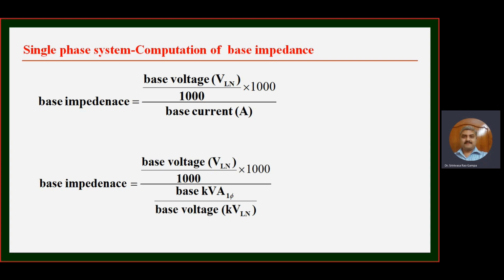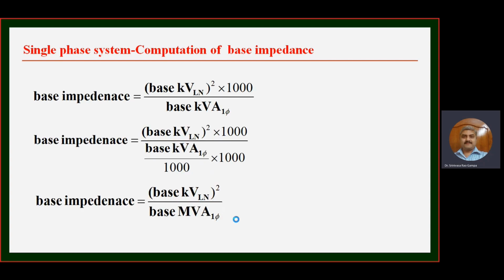So the numerator term, base voltage VLN by 1000, can be written as base voltage kVLN. If this goes to the numerator side, then we will get base kVLN whole square into 1000 by base kVA.